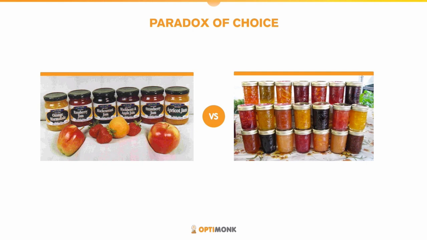And they monitored what percent of the visitors would actually buy any of these jams. When they only promoted 6 different bottles, 12% of the visitors purchased. 12% converted. But when they increased the number of possible choices to 21, the conversion dropped to only 3%. Too many options will kill the conversions.